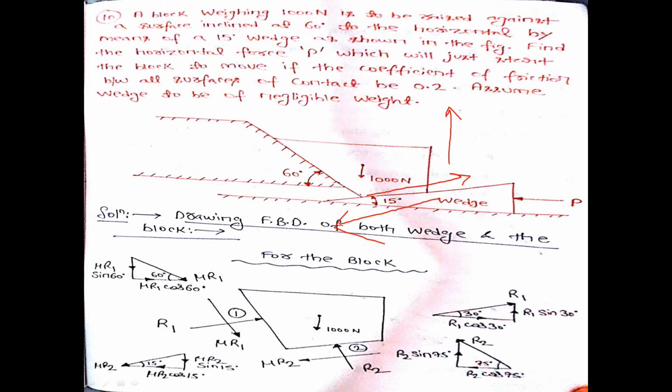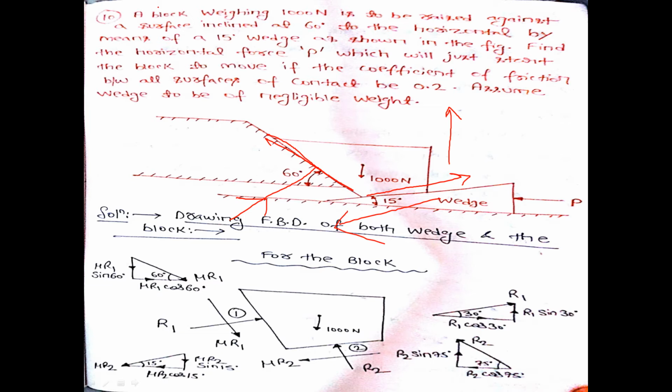Then the block is in contact with this 60-degree inclined plane along this surface. Say that surface is nothing but point number 1. Then at this first point, a reaction force will be given by this inclined plane on this block in this direction. That is nothing but your R1.